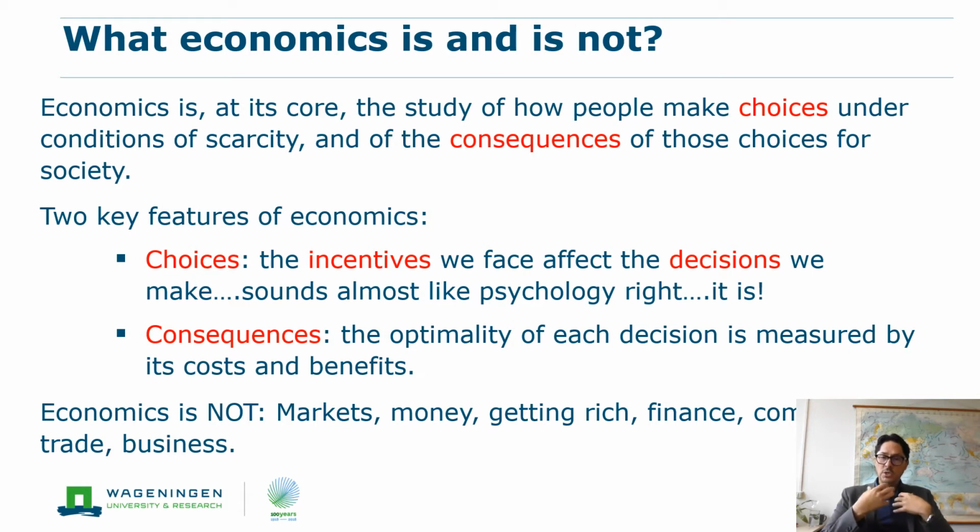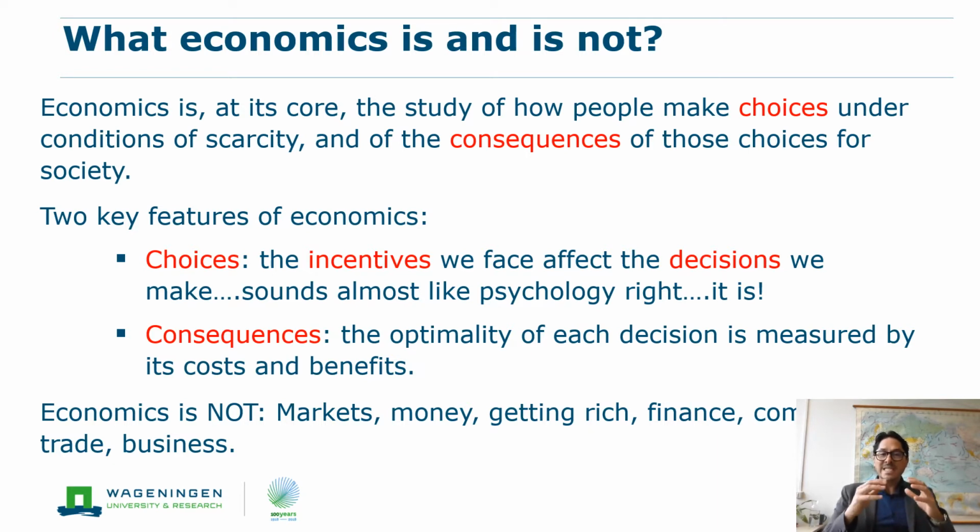Now, of course, the choices we make are a response to the incentives we face. So this sounds almost like psychology, right? We respond to incentives, things we like, whether we face a higher price or a lower price, whether we'll feel happy or unhappy with a given situation.